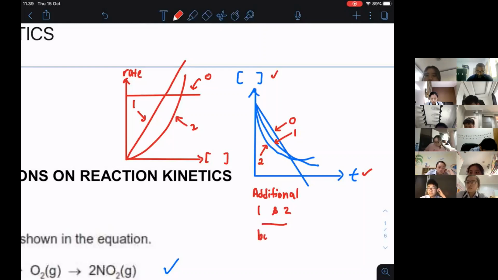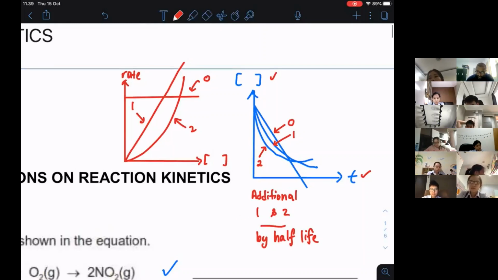Draw a tangent, right? By checking the half-life. Oh yeah, half-life. Okay, by checking the half-life. If you have two curves, you need to check the half-life. If the half-life is constant, please take note, it is going to be a first order reaction.